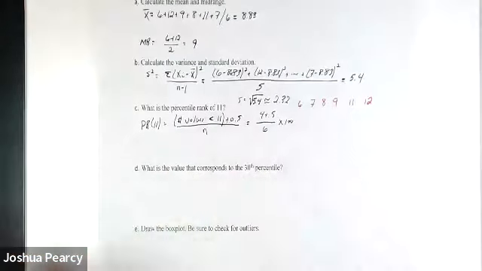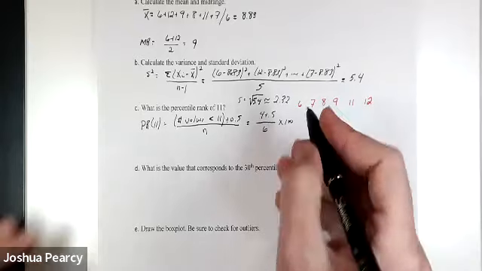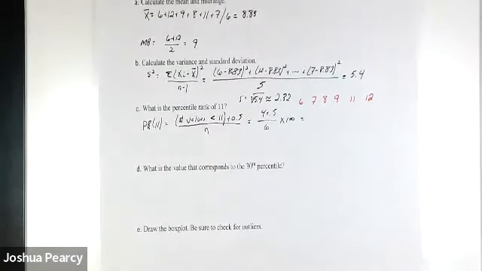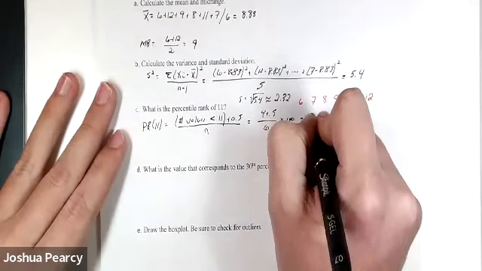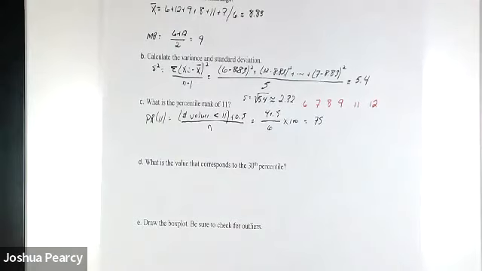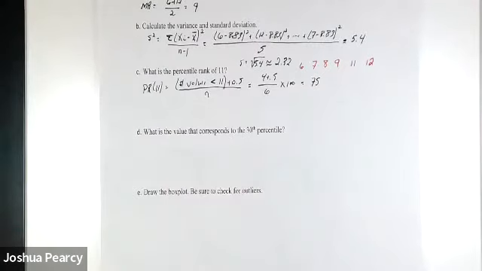And what do you get? 75. 4.5 divided by 6, that's 3/4. Multiply it by 100%, you get 75. So that's how you did that one.